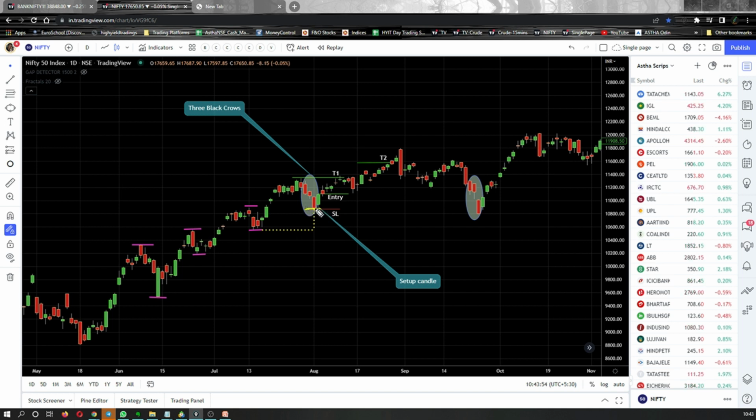There is something supporting here because of which the prices are taking support at this point and moving up further, because of which this green candle is being formed. So the three black crows theory is denied here. The stock is denying to go down further. It is ready to make an up move. Okay, I hope that is clear.